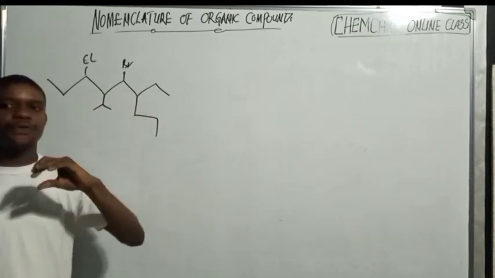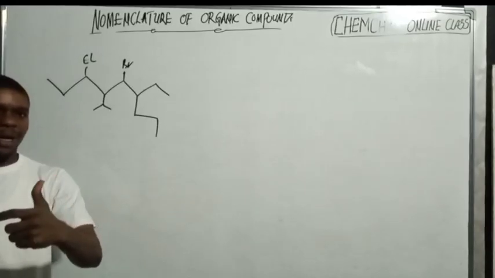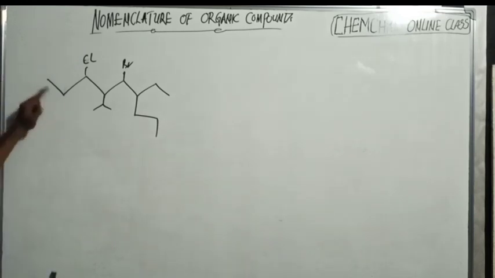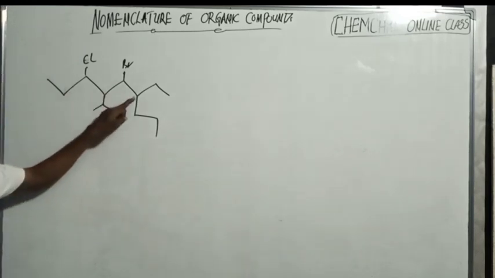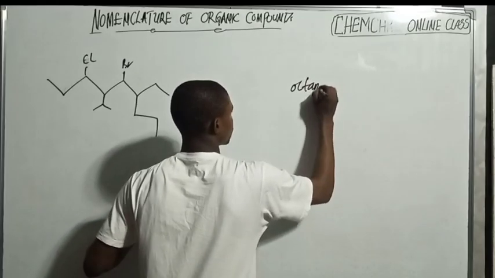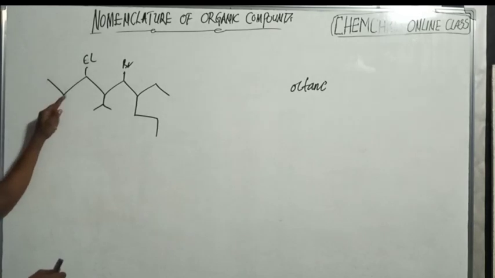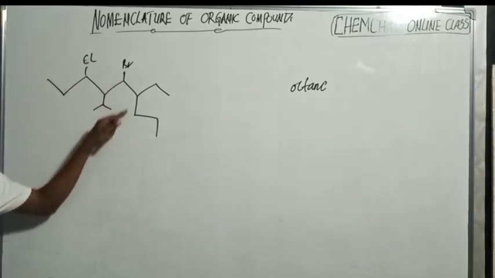Now you want to count from all the possible ends so that you can know the number of carbon atoms. So 1, 2, 3, 4, 5, 6, 7, 8. Here we have octane. So 1, 2, 3, 4, 5, 6, 7, 8, 9.